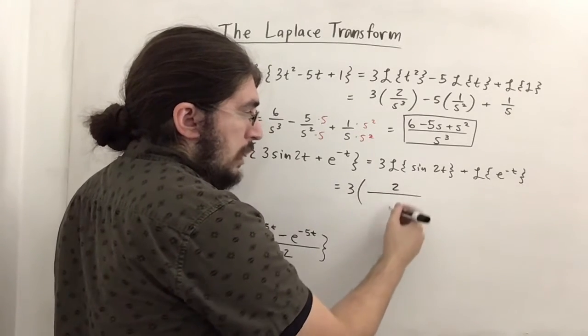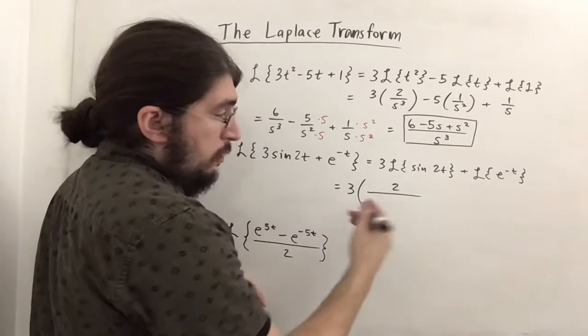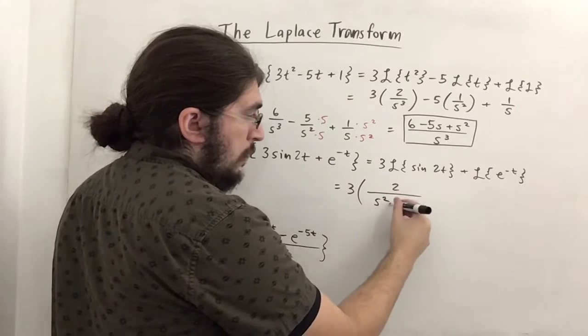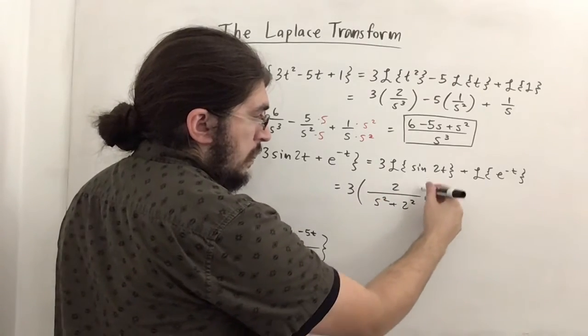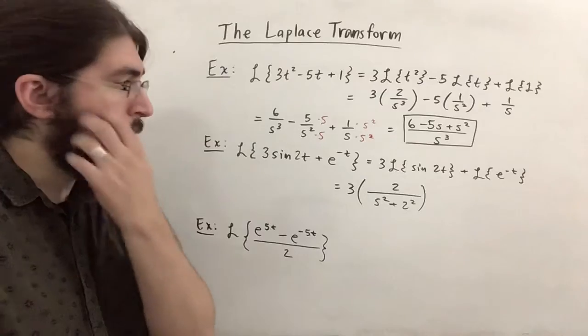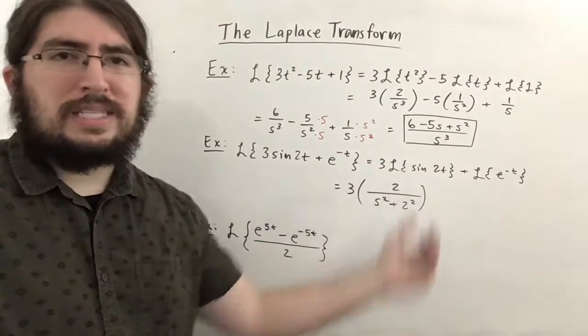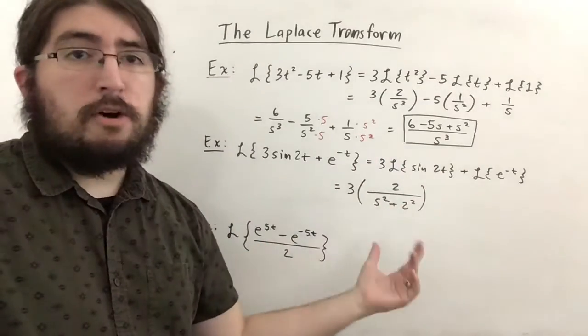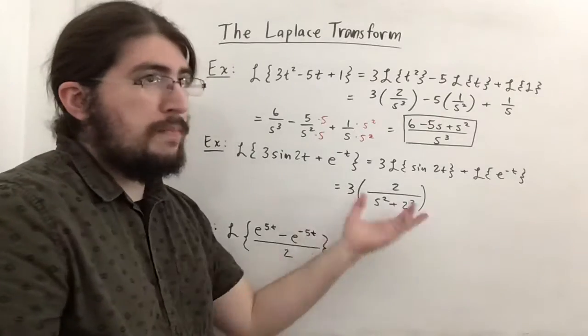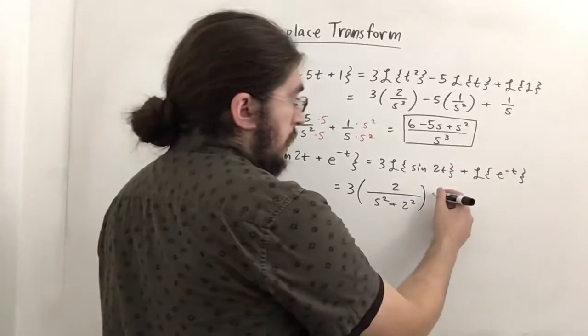So this will have 2 on top, and in the denominator of either sine or cosine, you get s squared plus the argument squared. So in this case, s squared plus 2 squared. When I say argument, I mean the thing on the inside, specifically the coefficient of the argument. That's our b from the previous board.